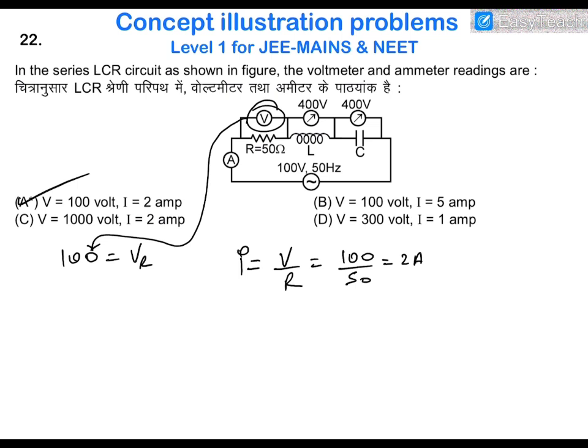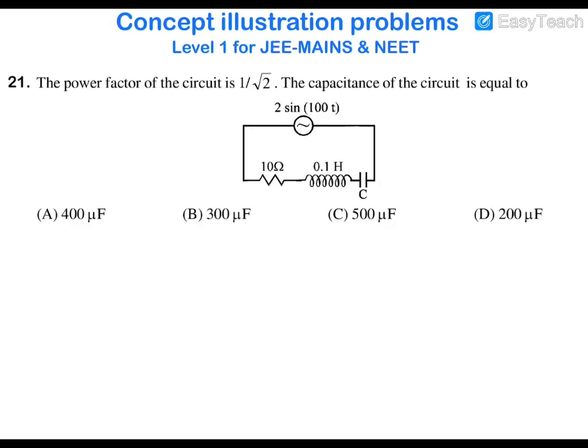Now let's move on to the next question. In this question, you can see that the power factor of this circuit is 1 by root 2. Then we have to find out the value of capacitance.